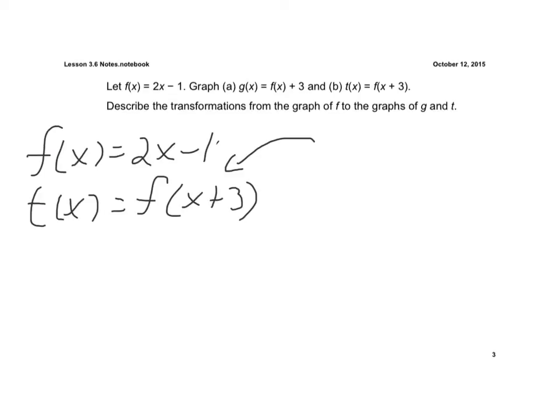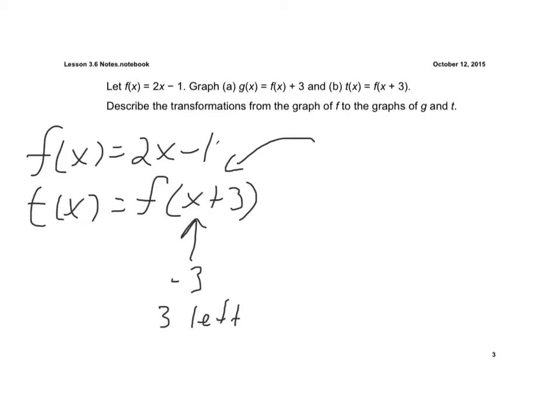And this is actually going to shift it 3 to the left. You may think, well, how is that 3 to the left when it's x plus 3? Well, the way I think about it is what value would I have to plug in for x to make what's inside the parentheses go to 0? And that's a negative 3, which is why I say it's 3 to the left.